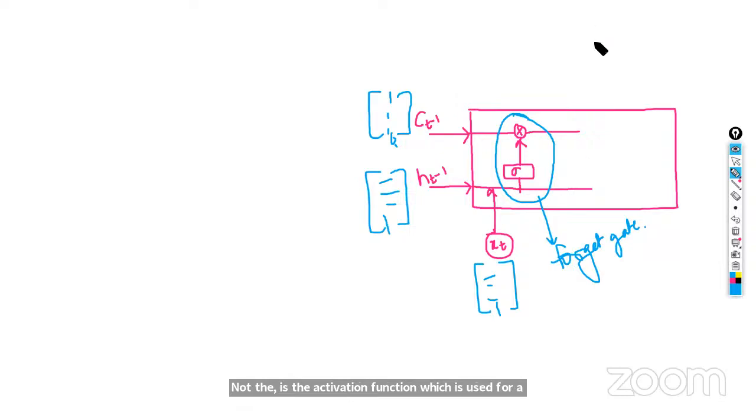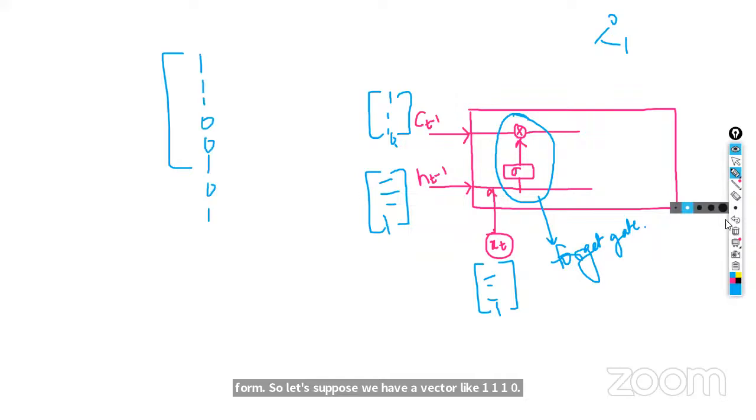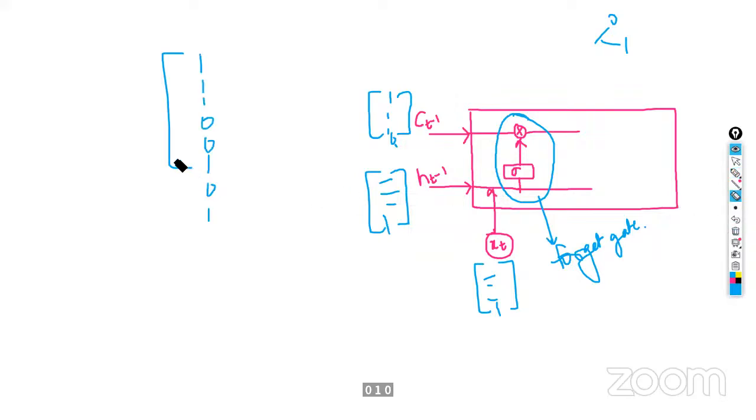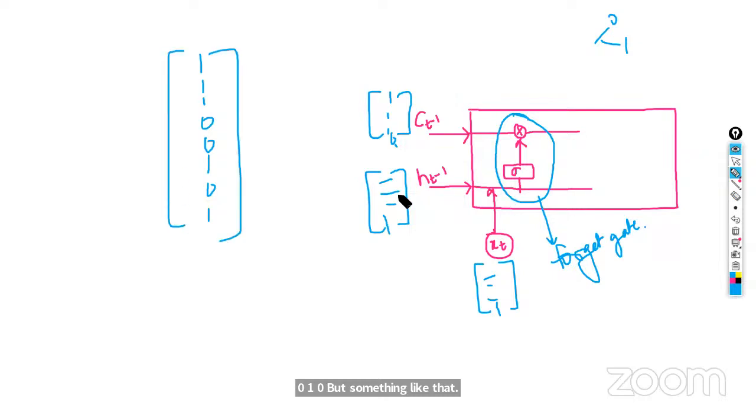That means it will classify the records as either 0 or 1. So let's suppose we have a vector like 1, 1, 1, 0, 0, 1, 0, 1. Let's say this is the vector representation from the sigmoid activation function over this neural network.